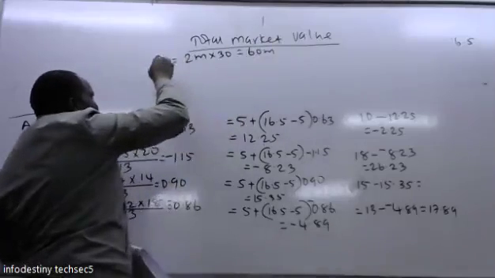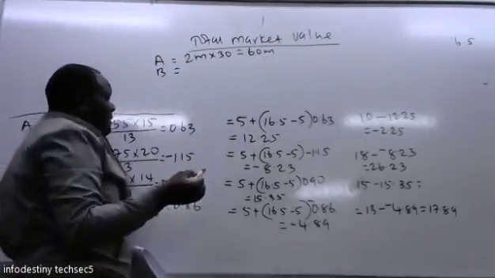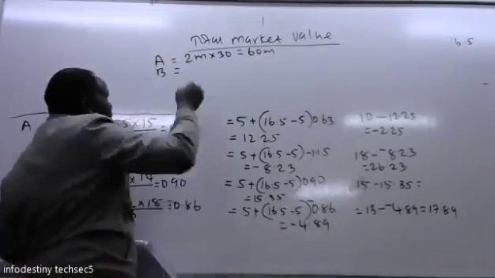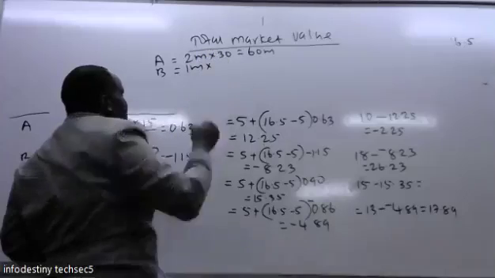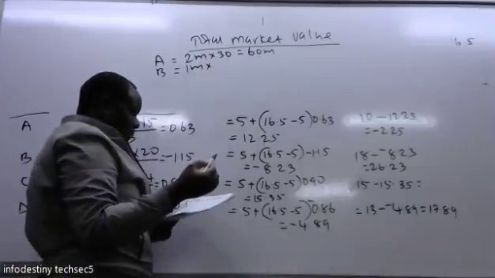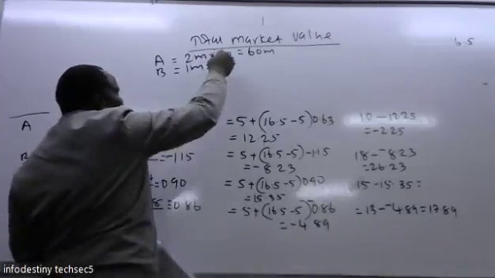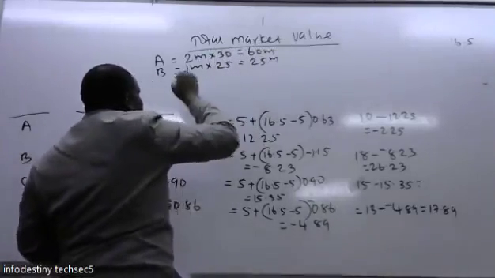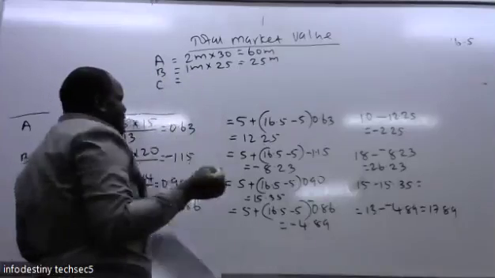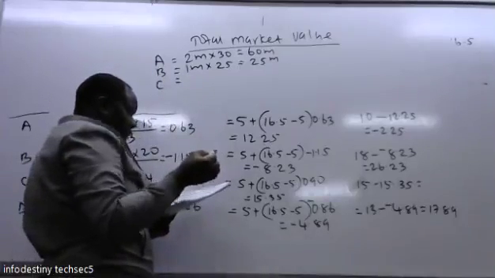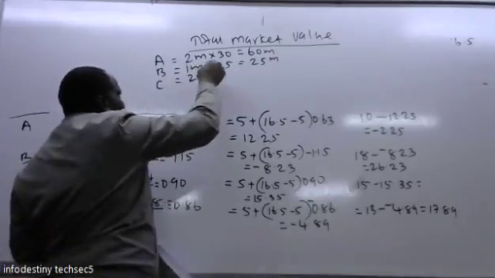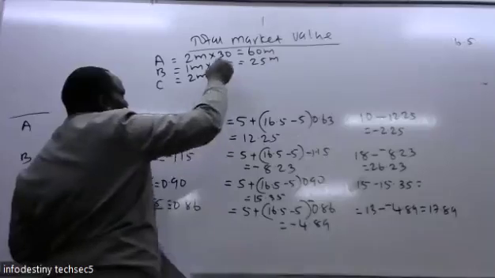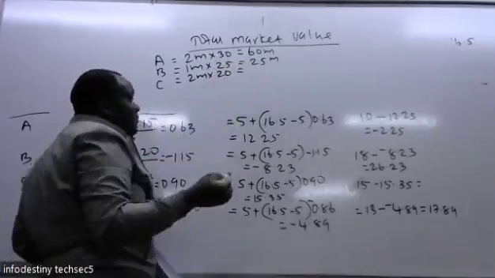Then for B, they gave us 1 million shares, multiplied by the market price per share of 25. That should give us 25 million. For C, we are given 2 million shares multiplied by the market price per share, which is 20. That should give us which figure?